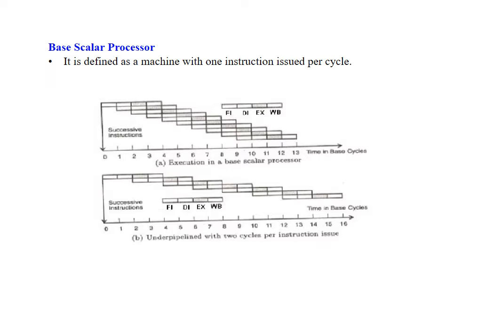In both figures, there are 4 steps: the first is fetch instruction, the second is decode instruction, then execution, and finally the write back. Those executions depend on the time in base cycle, and they are successive instructions.